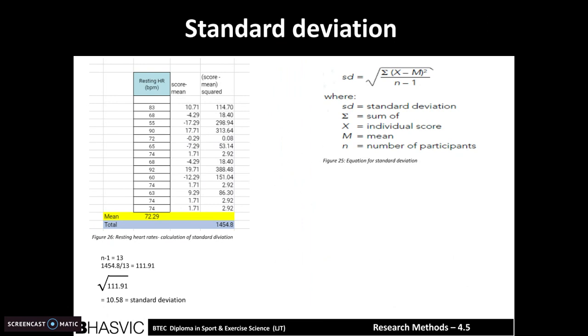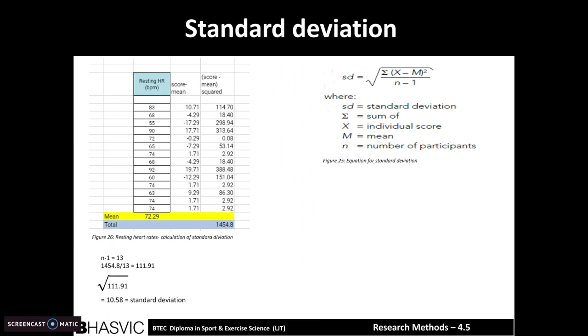You then add all those squared values together. Next, you need to subtract 1 from the number of participants, which equals 13. Then you divide the total of the squared values by 13, or the number of participants take away 1.